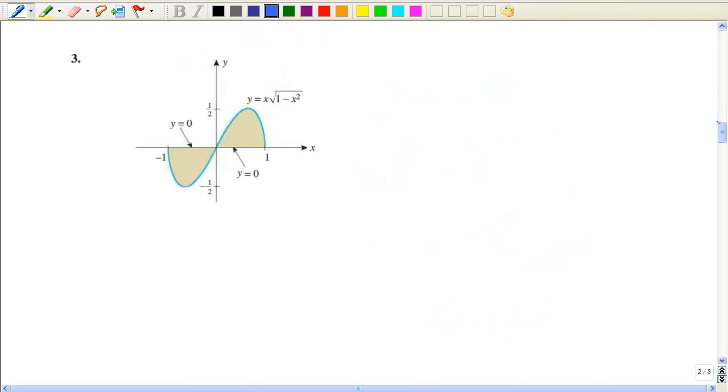So we now have another picture, much like that last example we talked about, so I can't just say the top function minus the bottom function because that changes at 0. So let's call this region 1 and this region 2.